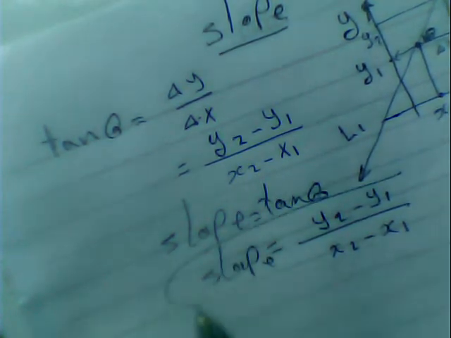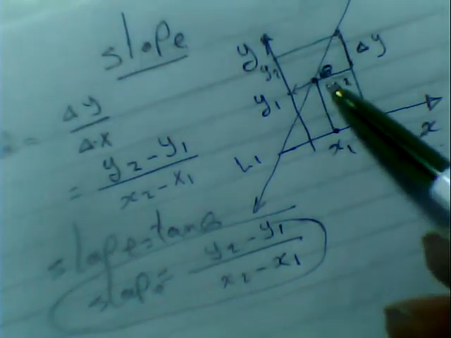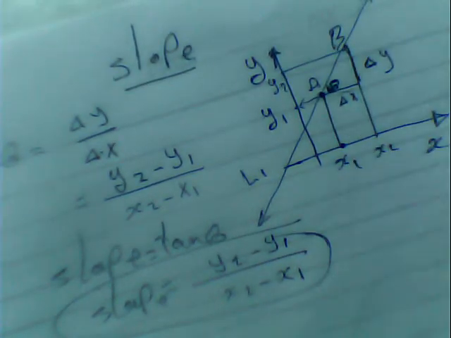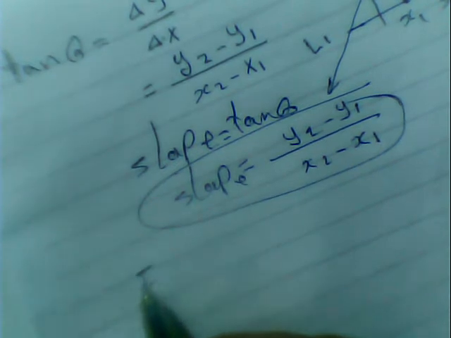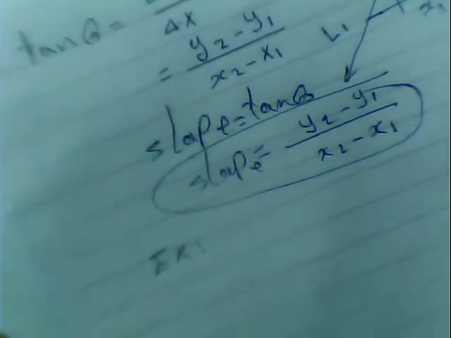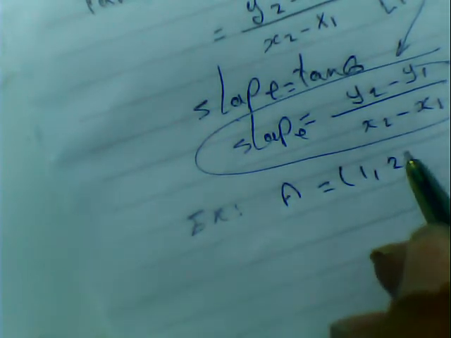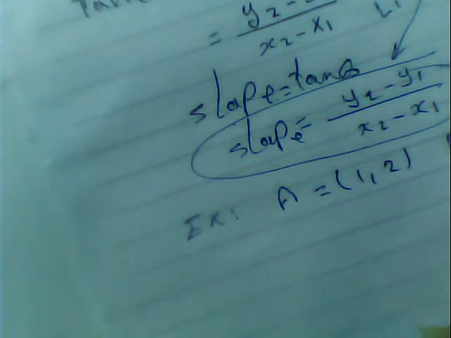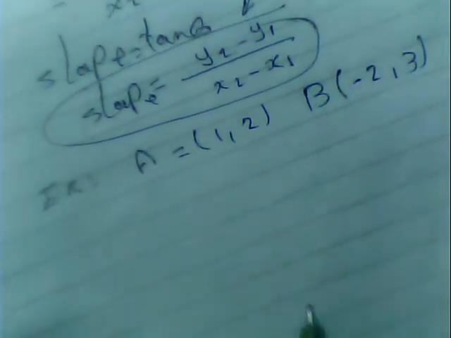We know how we can get the slope from 2 points, this point A and this point B. We have an exercise. If you have A equal 1, 2 and the point B equal minus 2, 3, we need the slope.